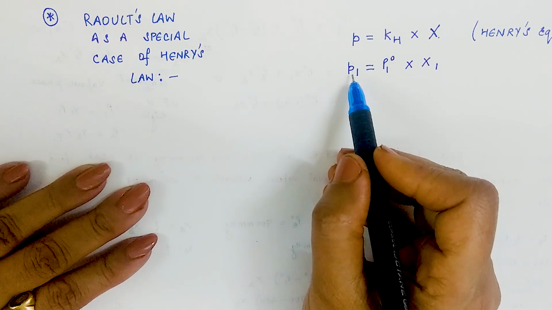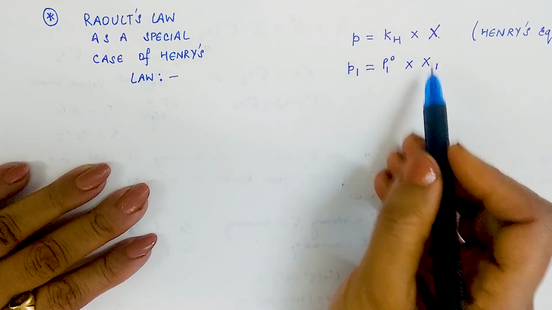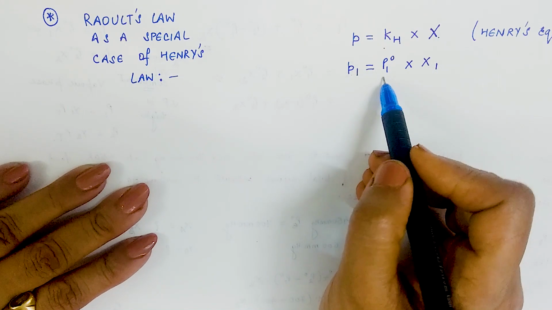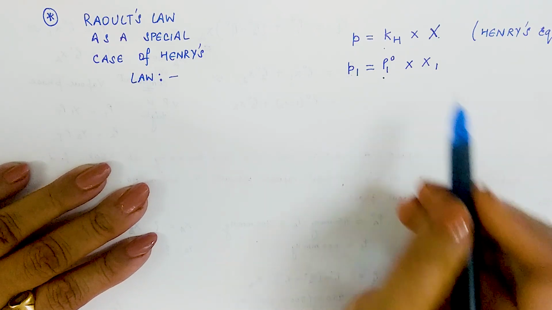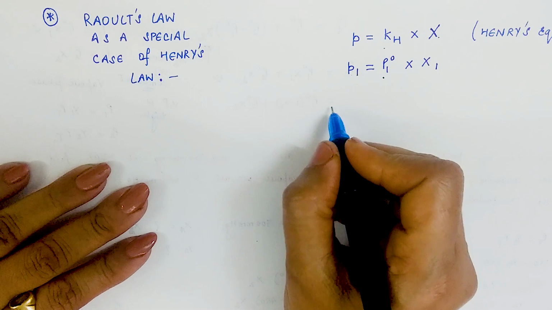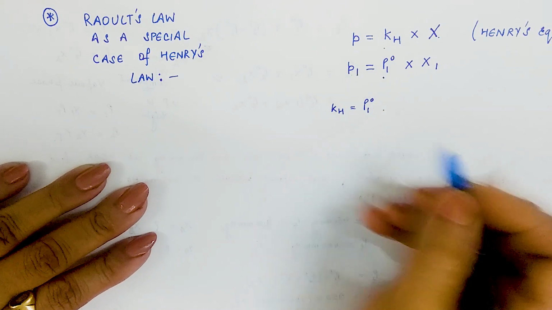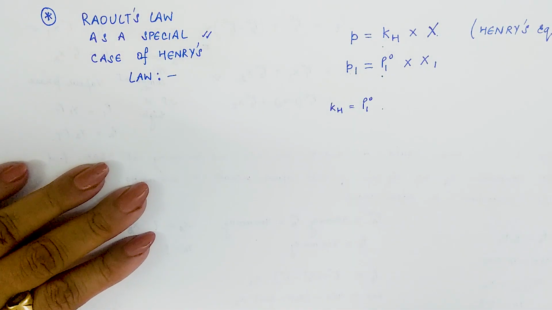Now, if you see these two equations, this is the partial pressure of the gas and this is the partial pressure of the liquid. Both are pressures and these are the mole fractions. So what is different here? This KH and the P1 naught, which are the proportionality constants. So when KH becomes equal to P1 naught, then Raoult's law becomes a special case of Henry's law.